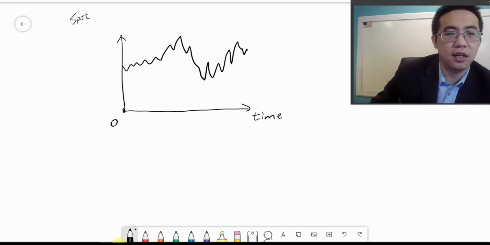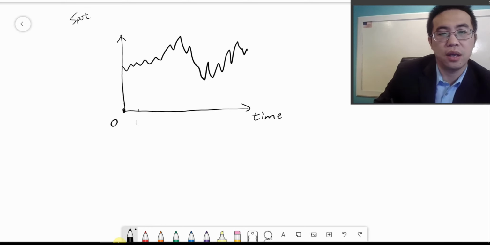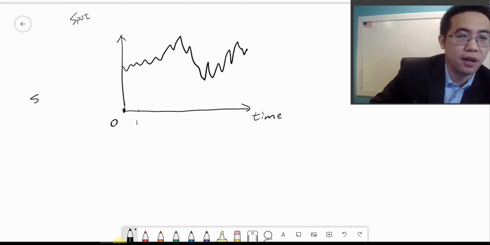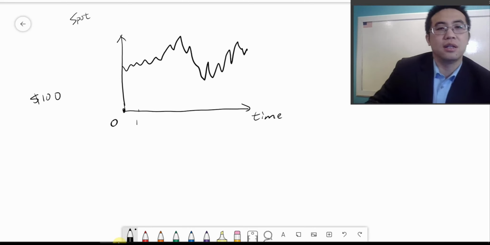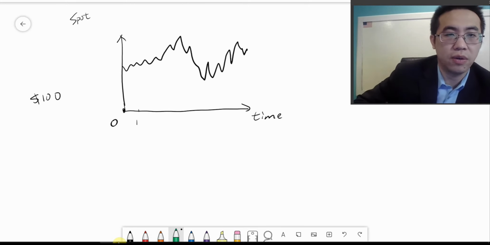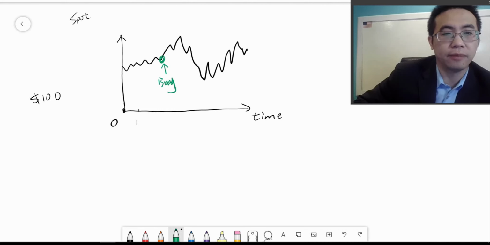Right here is today, and then you have day 1, day 2, and all the way to day 100 or whatever. So let's say you have $100 in your hand, and you want to buy at a low level. This is where you place your position right here. You make a buy order, and you want to sell somewhere right here.